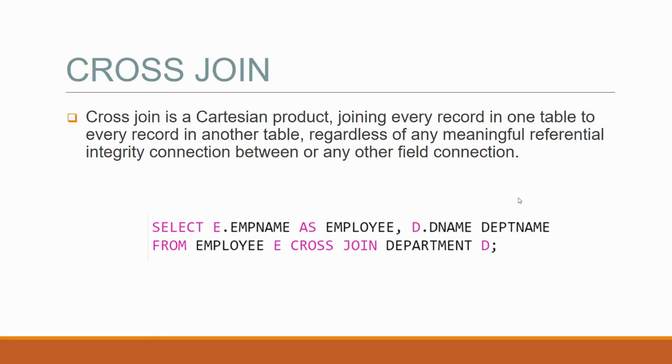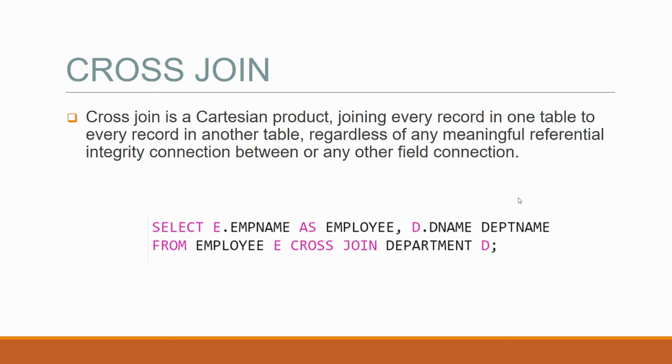A cross-join is a Cartesian product, joining every record in one table to every record in another table, regardless of any meaningful referential integrity connection of keys. Obviously, cross-joins will be slow, depending on the number of records in both tables, relative to each other, and in total number of records.